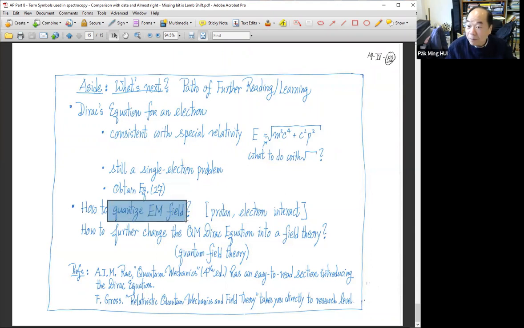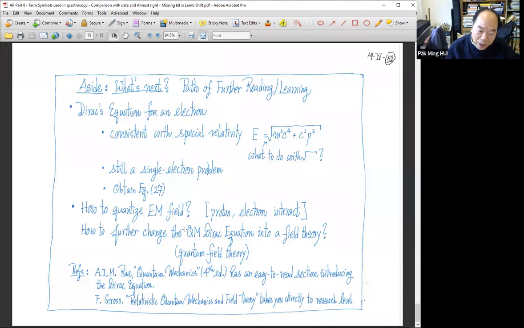That is to say, you have the Maxwell equations. How can I turn them into a quantum mechanical equation? That will tell us how the nucleus and electron interact by exchanging photons. Photons are the quanta of EM fields.